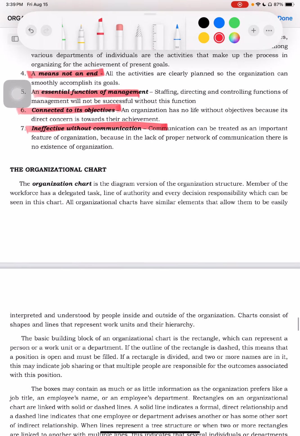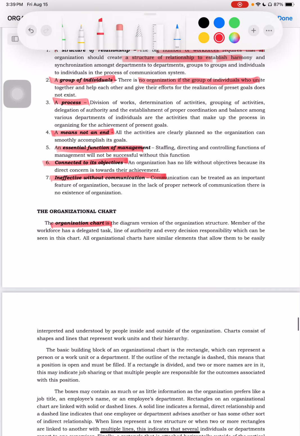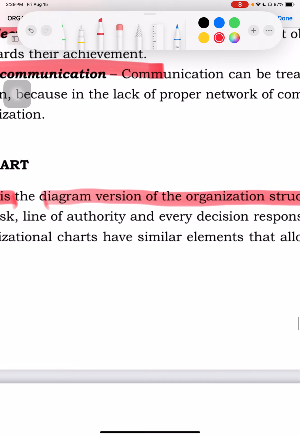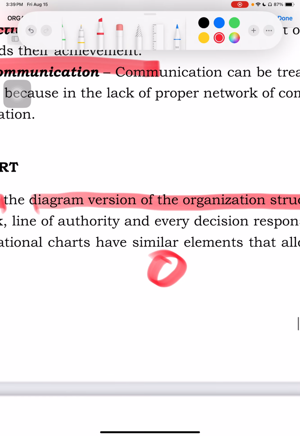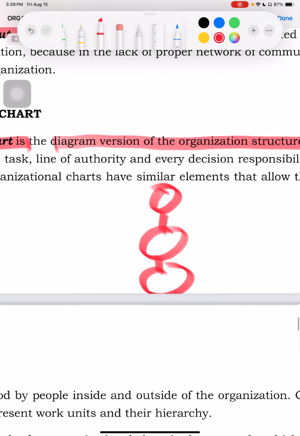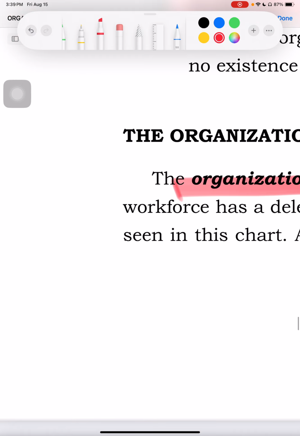Okay? So, the organizational chart. It is a diagram of the organizational structure. A sample is the president, and those who are under him. So you will see that. This is your number three activity.